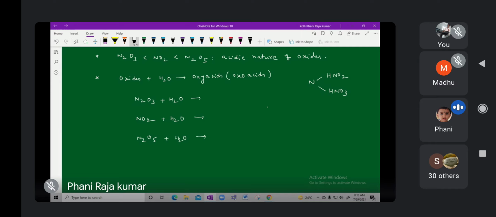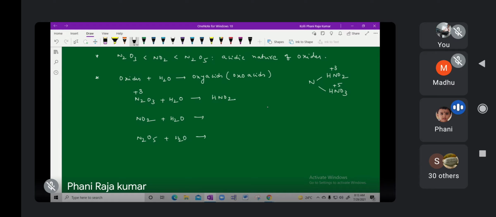Generally, in oxides and oxyacids, in most cases you have to maintain the same oxidation state. If we have N2O3, nitrogen is in +3 oxidation state. In these 2 acids of nitrogen, here we have +3, here we have +5. Therefore N2O3, by dissolving in water, gives only HNO2.